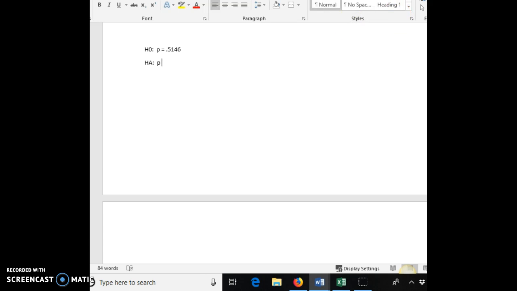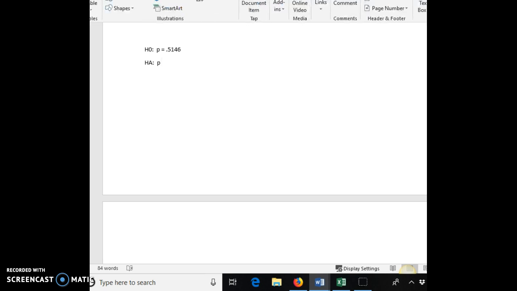So we'll have that P is not equal to that. Let me get my symbol for not equal. There we go. And then alpha is 0.10 in this instance.